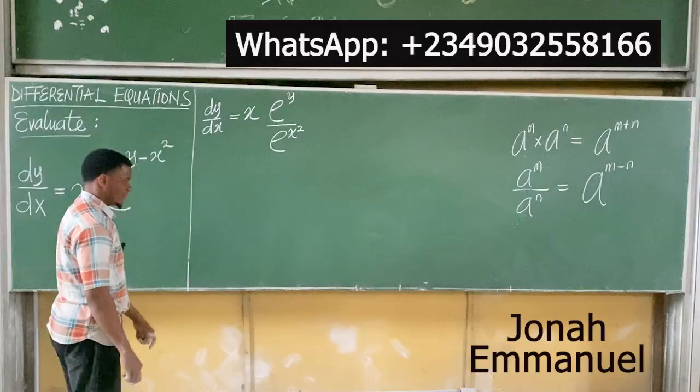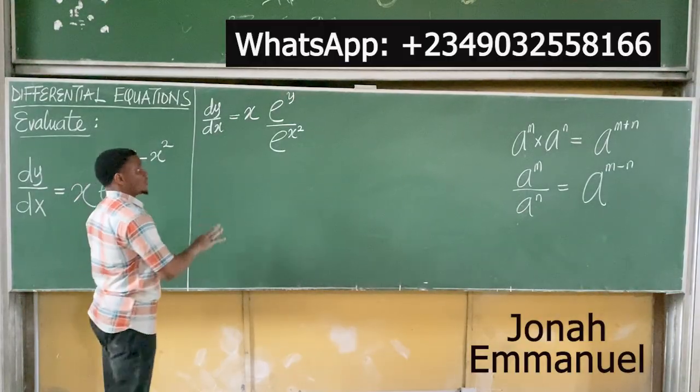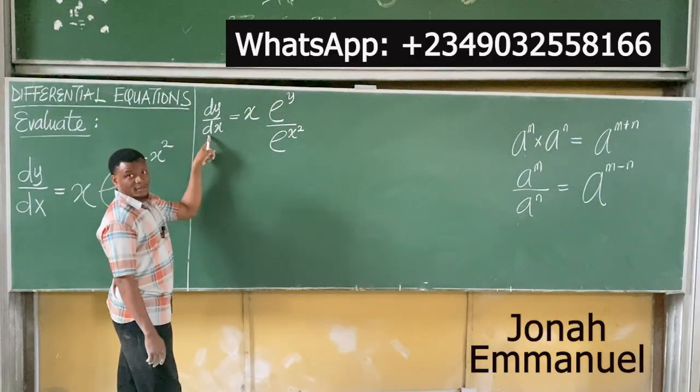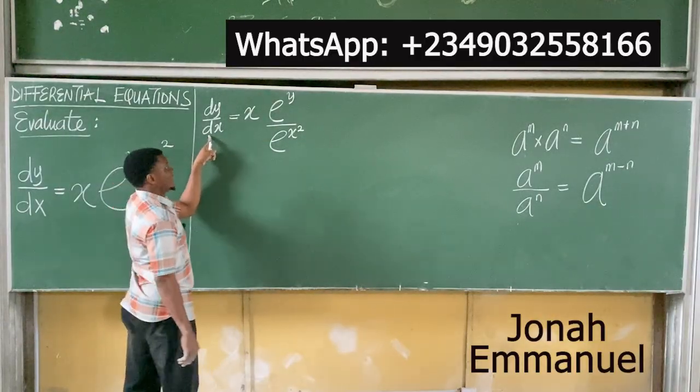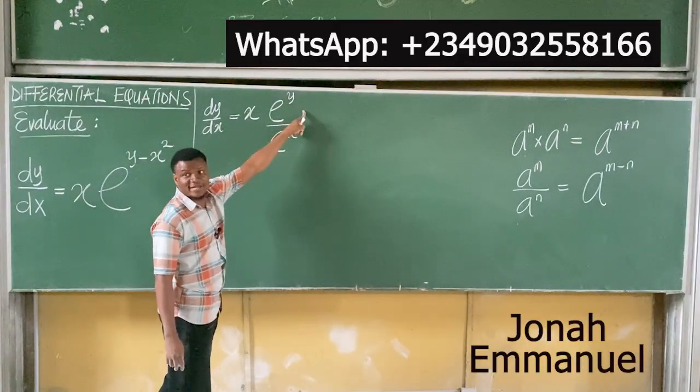And to solve this, of course, this is level 200, so I won't start doing all those things here. What you have to do is move exponential y down and move the x up. Is that correct?